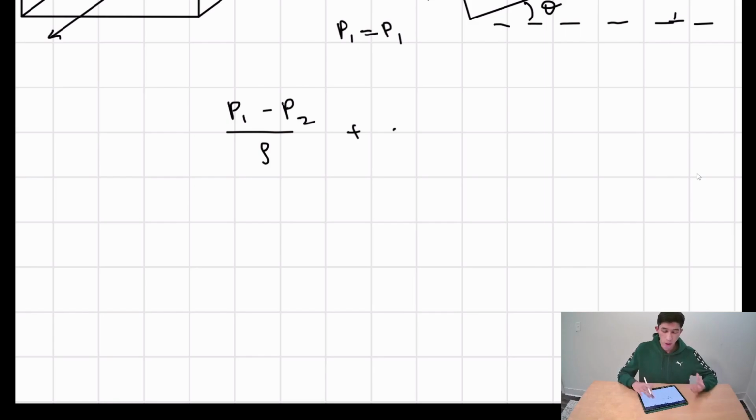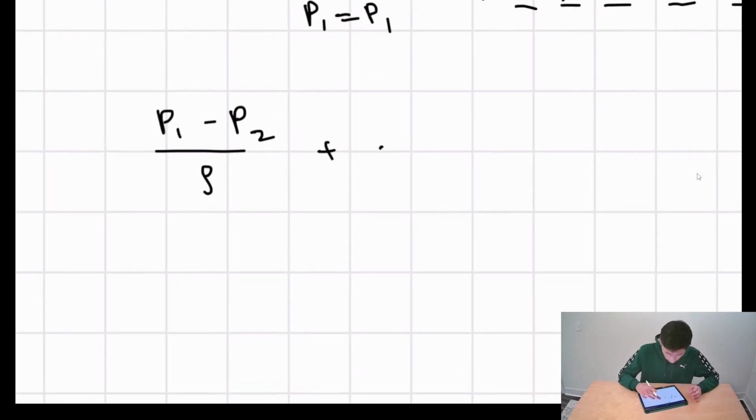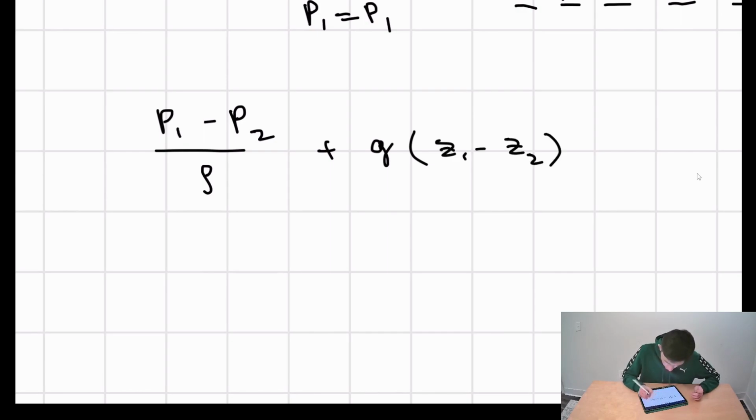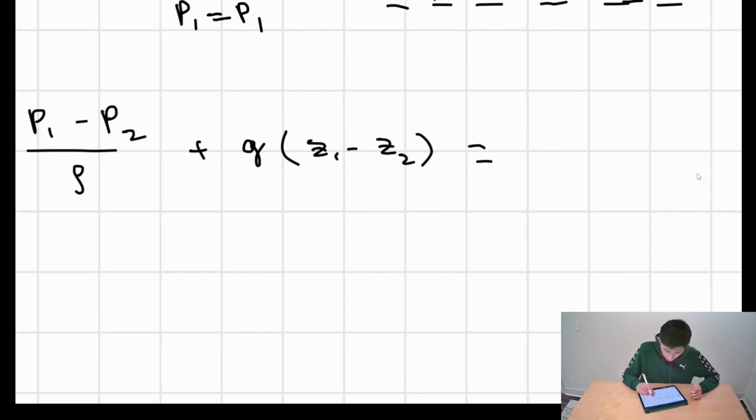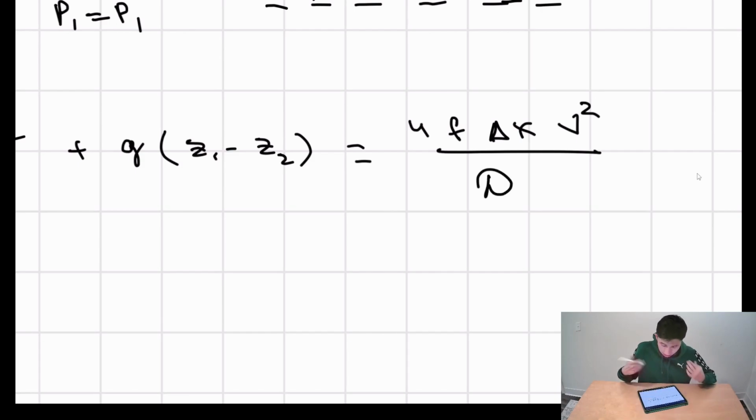We know that the change in velocity is going to be equal to 0, so we don't have to write that term down. This is equal to 4 times F, where F is the Fanning friction factor, times delta X times velocity squared over D, which is the diameter, times 2, right?